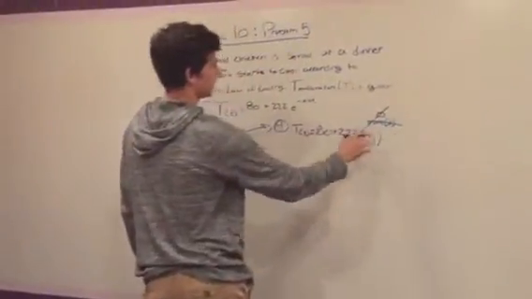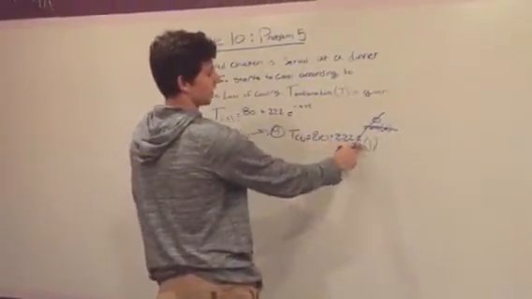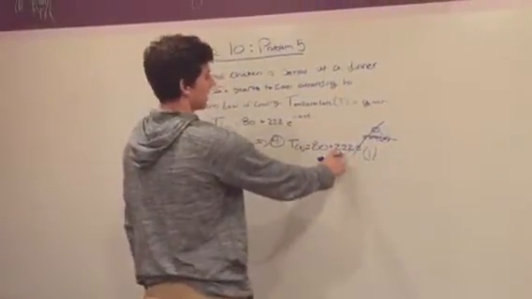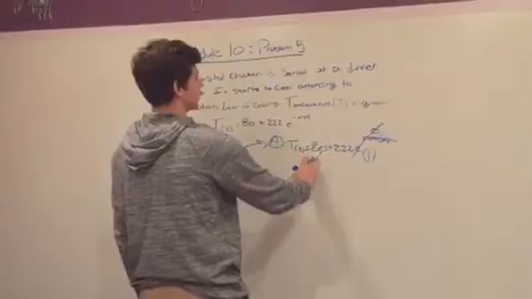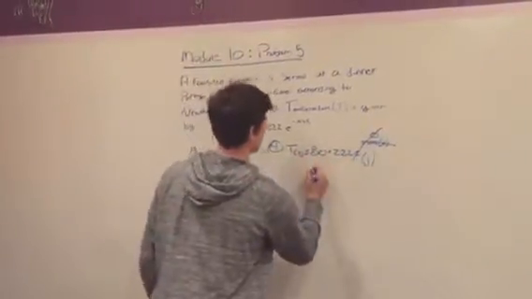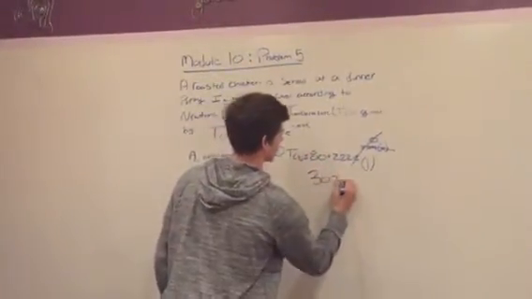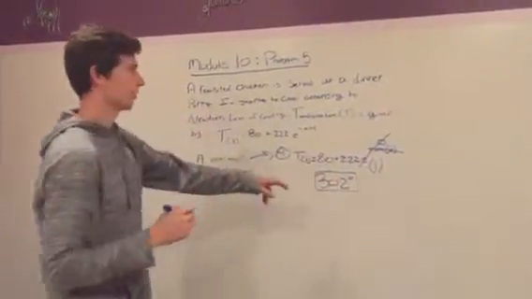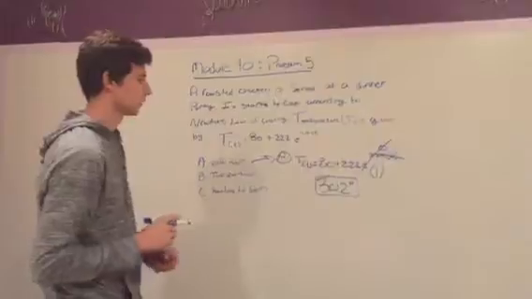Then you're going to multiply 222 by 1, which is going to be 222 itself. And then you're going to add 80, which is going to give you 302 degrees.